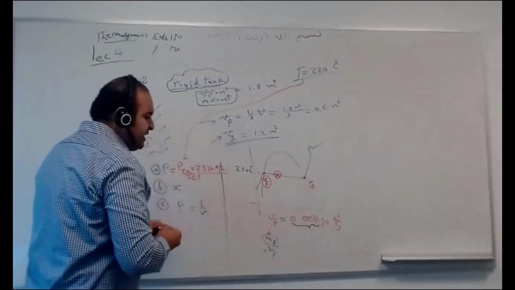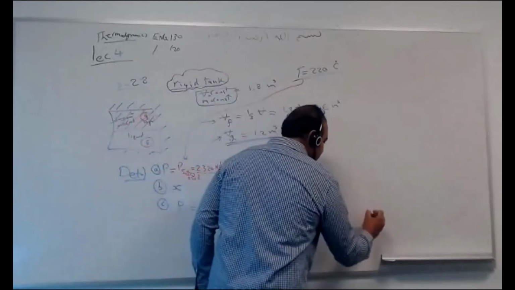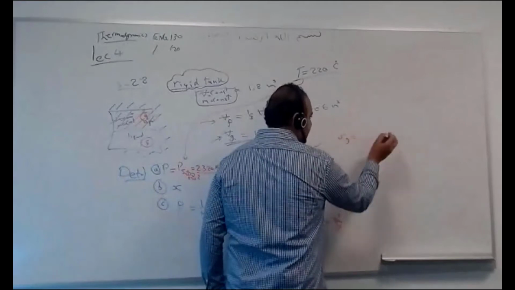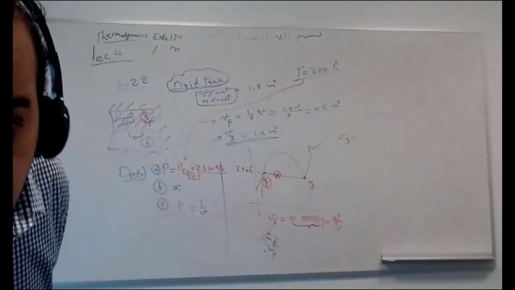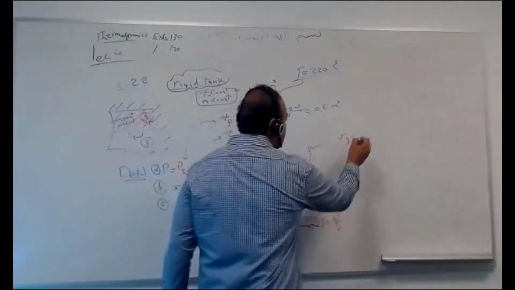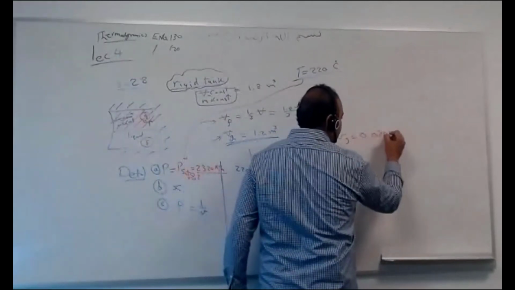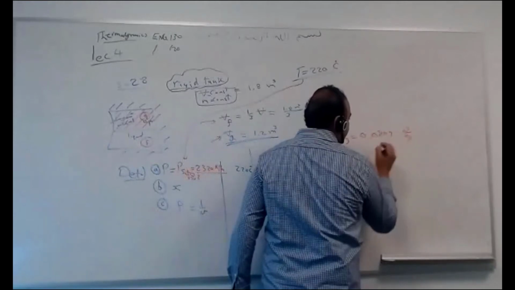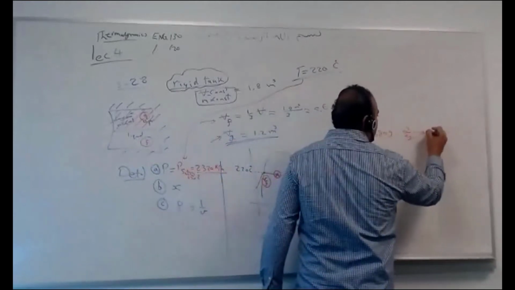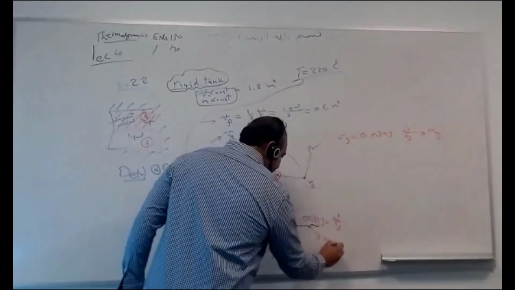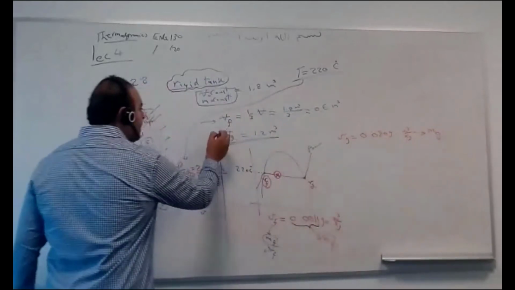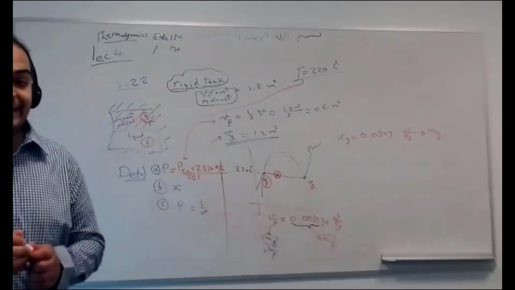The same for VG. We have a specific volume G. At this temperature, VG was 0.0809 something meter cube per kilogram. I can also get mg, and from here I can get mf, because I have the volume at this state.